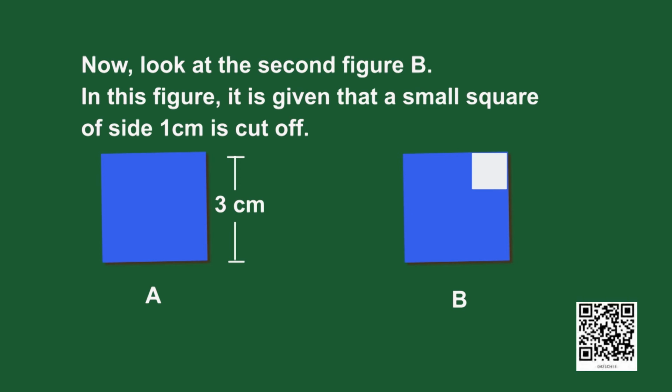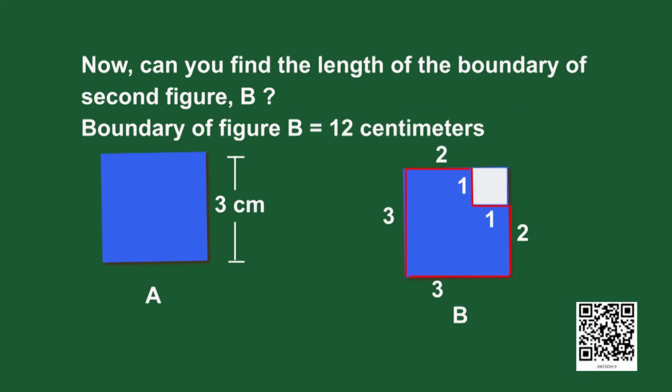Now, look at the second figure. In this figure, a small square of side 1 centimeter is cut off. Now, can you find the length of the boundary of the second figure B? It is 12 centimeters.